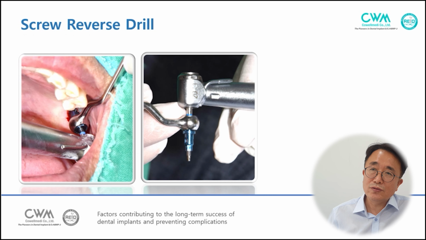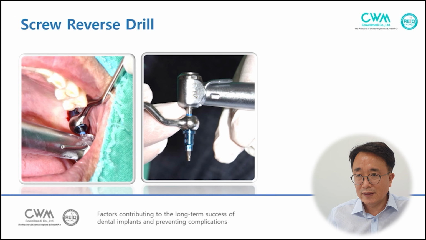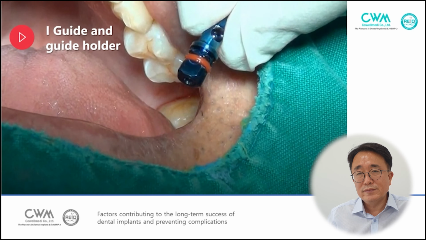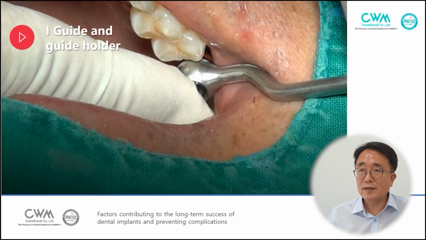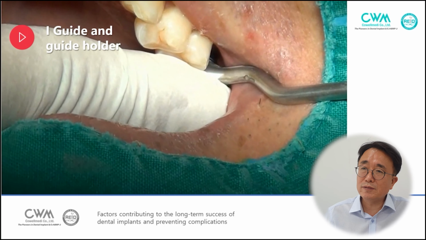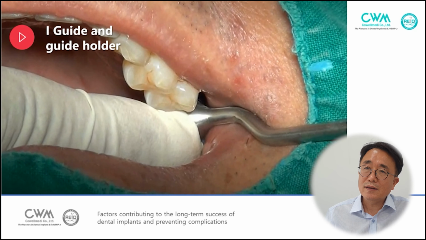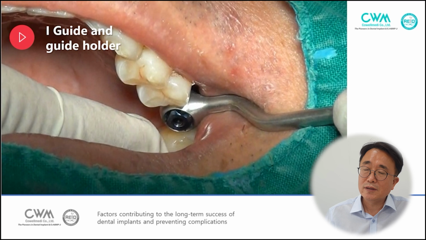And then the screw reverse drill is inserted into the hole like this. The eye guide is inserted and the hexagon is matched. And then the guide holder is a fixed component with a slight torque force.